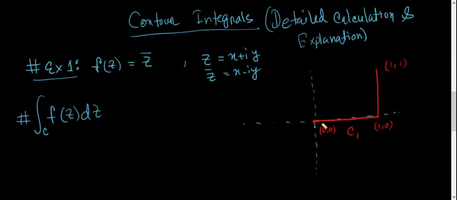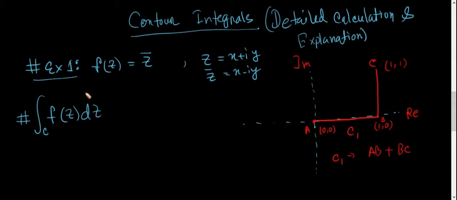That means if we label the points as A, B and C, then our contour C1 will consist of two lines, and you can see that these are piecewise smooth curves on this complex plane, and you can always label them as real axis and imaginary axis so that you don't get confused. And this C1 will consist of AB and BC, right? Don't take this plus as a literal meaning of addition. It just means that these two pieces make up our contour.